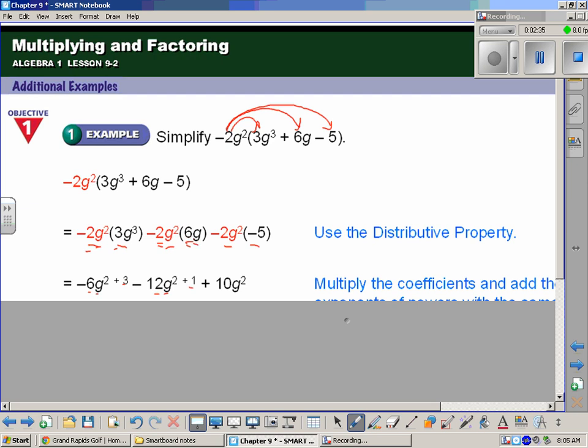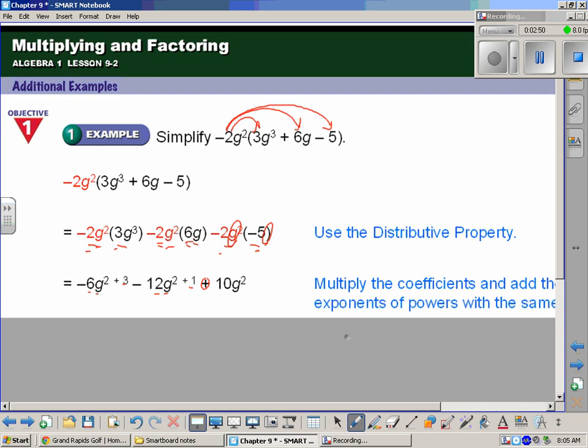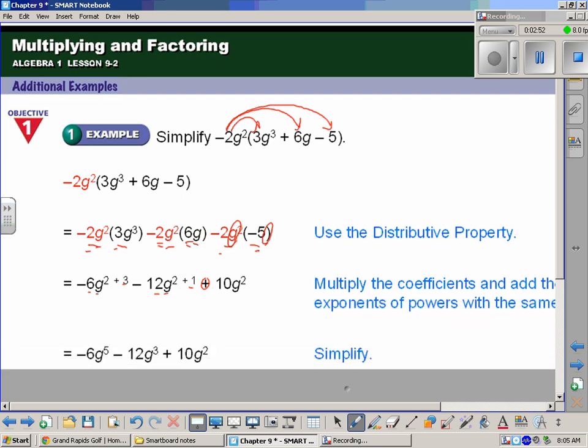Over here, we have negative 2 times negative 5. Remember, this is going to change our sign to positive, giving us 10. And we only have the one g squared, so we just have g squared. And that's going to give us our answer of negative 6g to the fifth minus 12g cubed plus 10g squared.